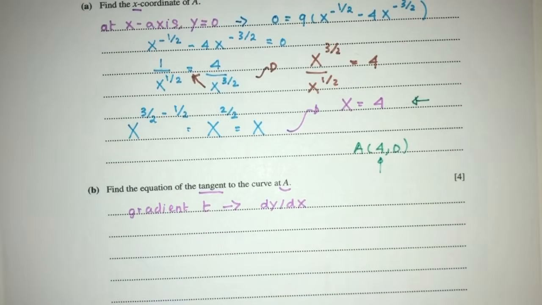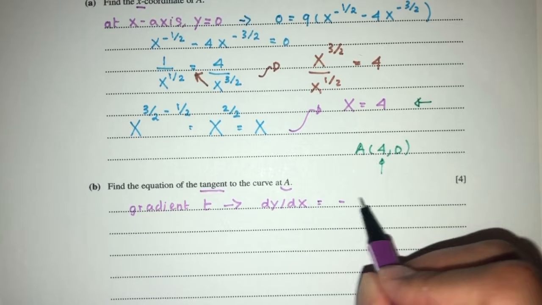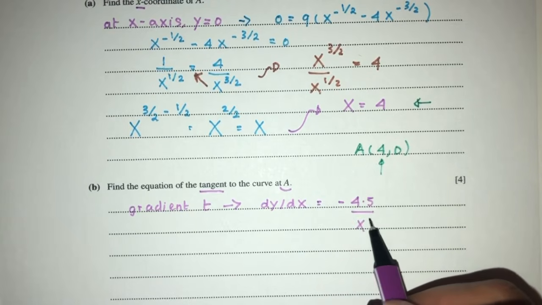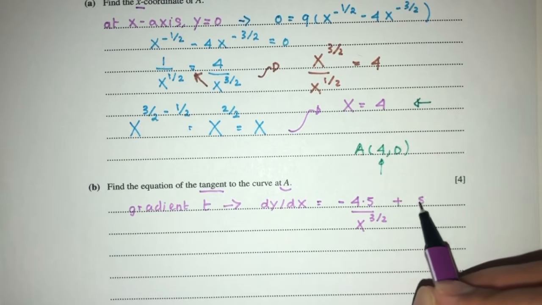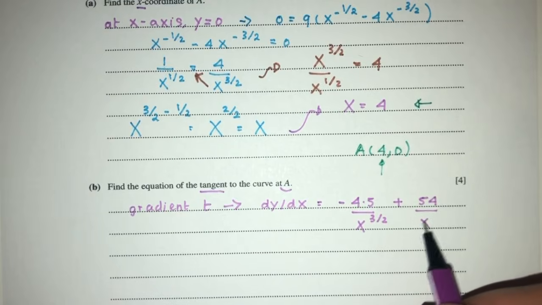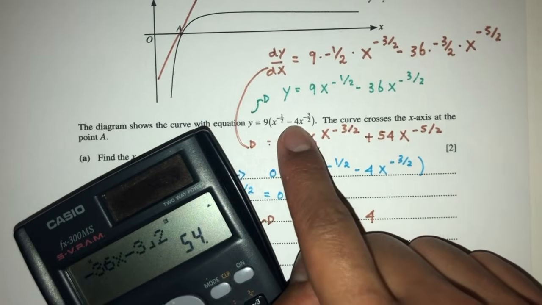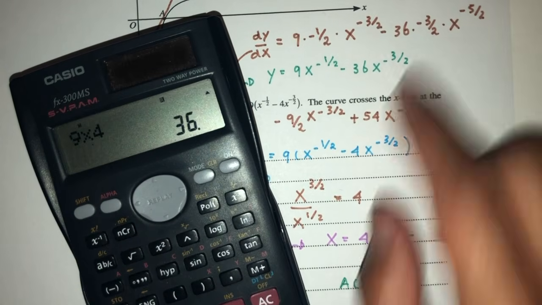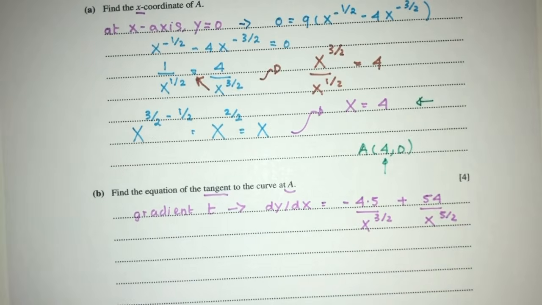So let me write this here. dy/dx will be minus 4.5 over x^(3/2) plus 54 over x^(5/2). So let's double check this value again. So here we have 9 times 4 is 36, right? So let's check. 9 times 4 is 36 times the value of 3 over 2, that should be 54.